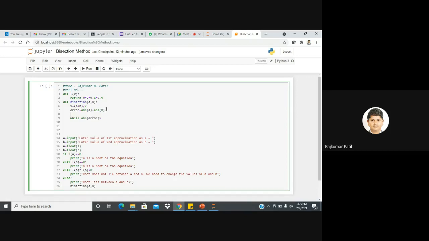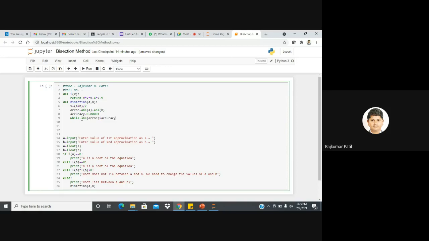Before that we can define accuracy equal to 0.12341. This accuracy we require, let's say, for this particular problem. So the while loop condition is that the absolute value of error is greater than accuracy.